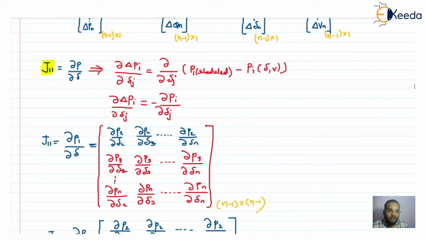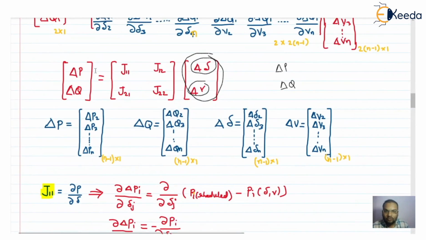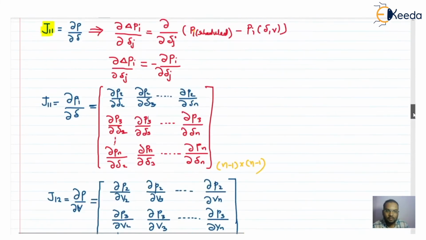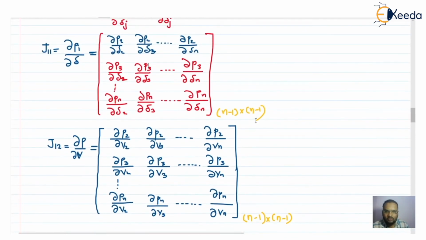Similarly, J12. First term from this side, second term from this side. It will be the partial differentiation of change in P with respect to change in voltage. If you solve this, you'll get the matrix as partial differentiation of P2 with respect to V2, partial differentiation of P2 with respect to V3, and this way you will get an n minus 1 by n minus 1 order matrix.